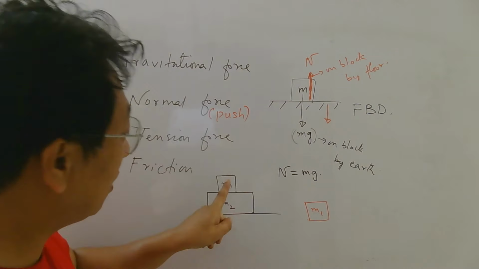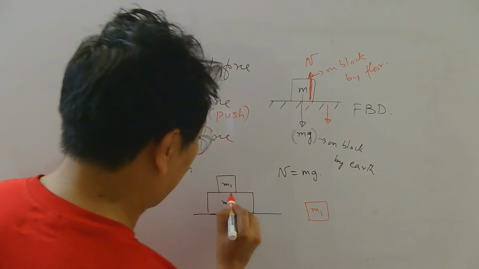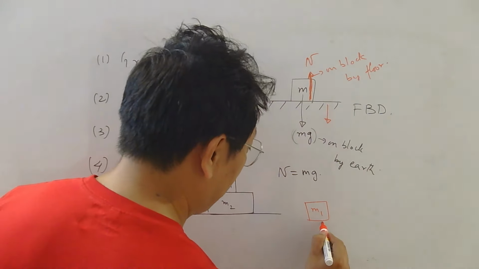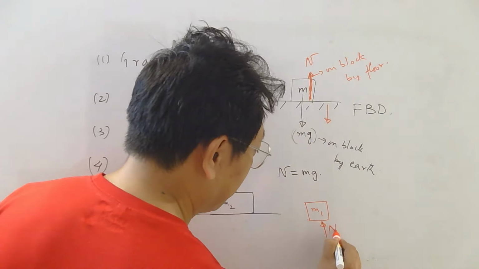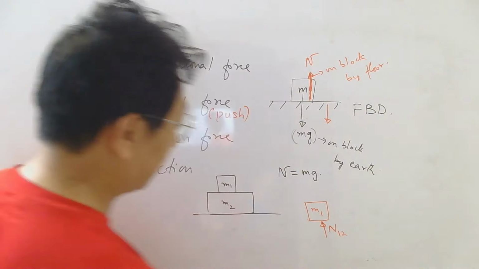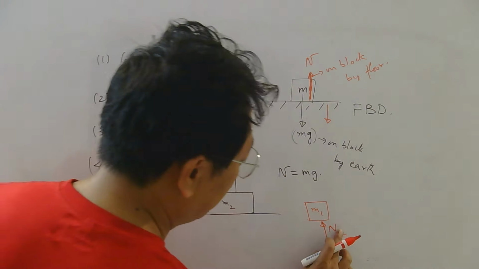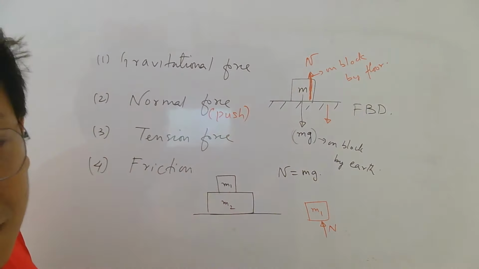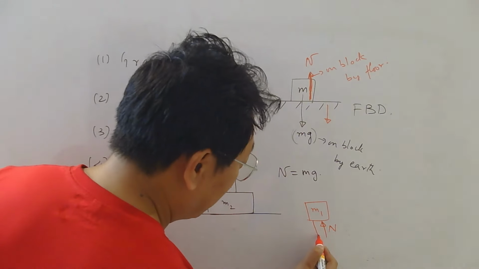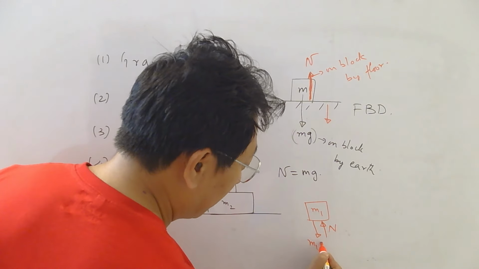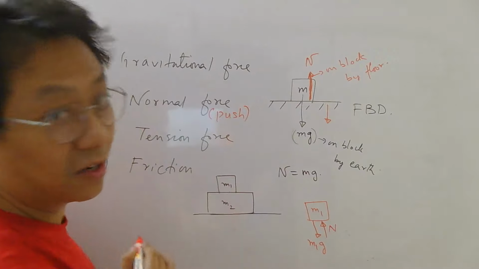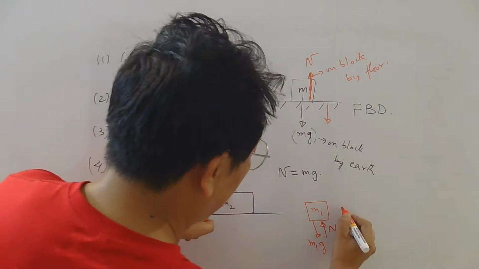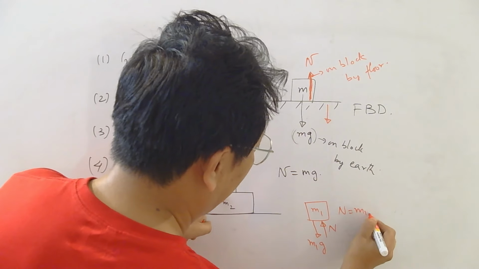So M2 will push M1 up. So normal force here on M1 will be up. This is on 1 by 2. Okay, normal force here, let me write N only. And that will balance the gravitational force of M1, which is M1g, because the system is at rest. So here N will be simply M1g.